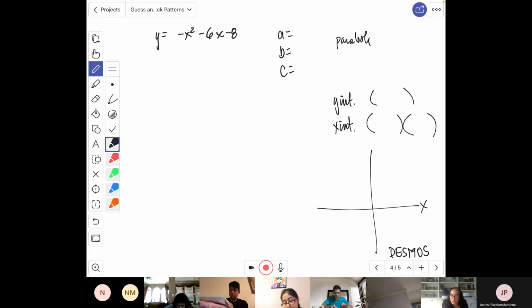This one is trickier. So if you get stuck, tell me where you're stuck.